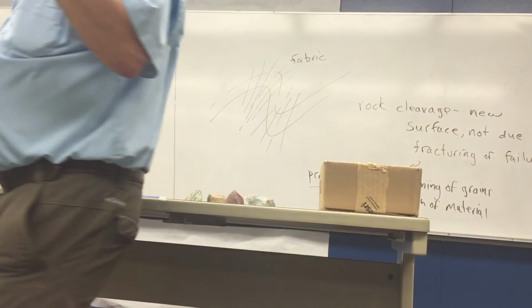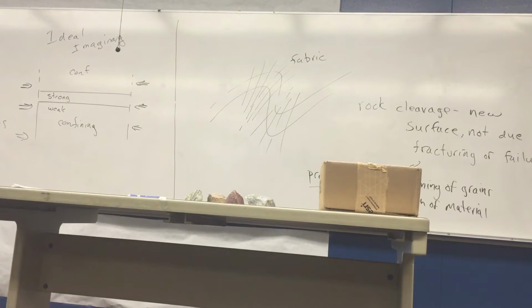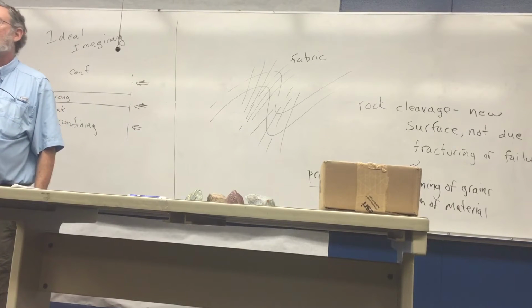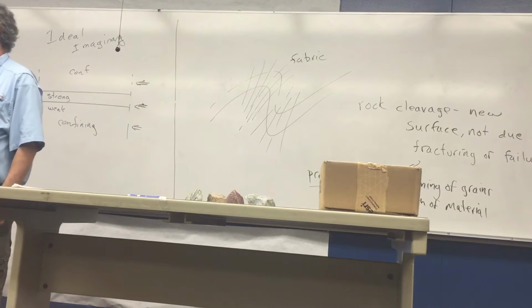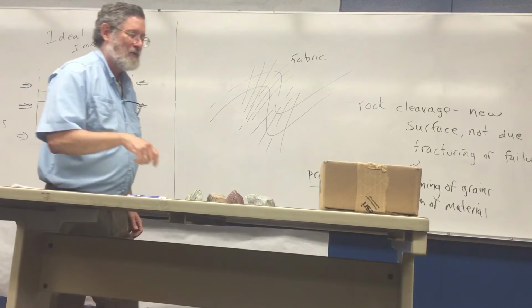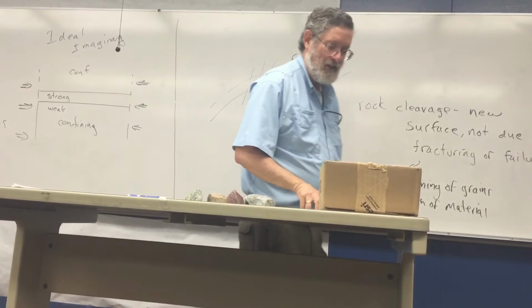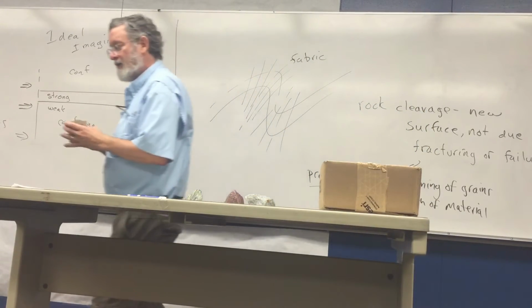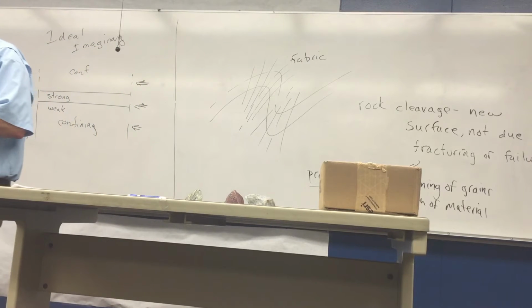Now, what is this? Is this a schist? Who wants it to be a schist? I want it to be schist. You're right. Yeah. It's a gold star for Ireland. That is a schist.